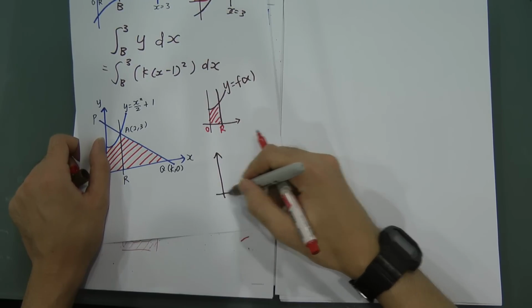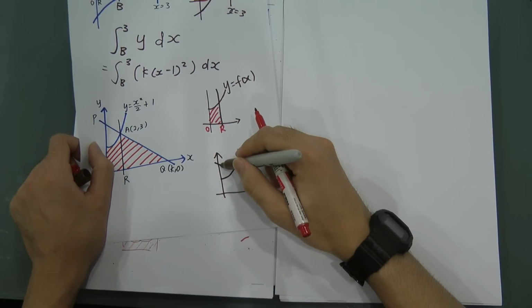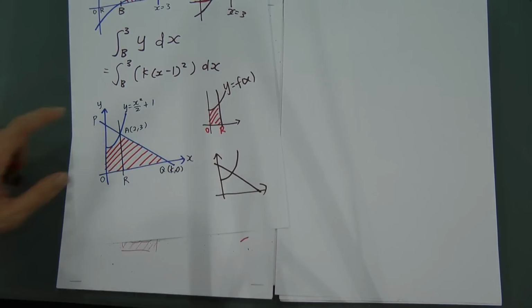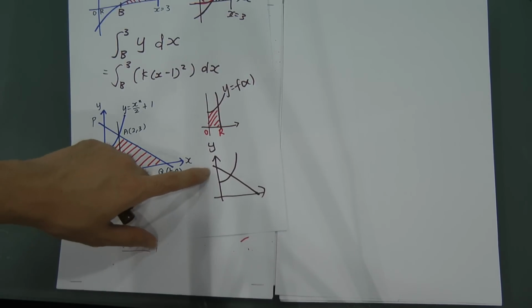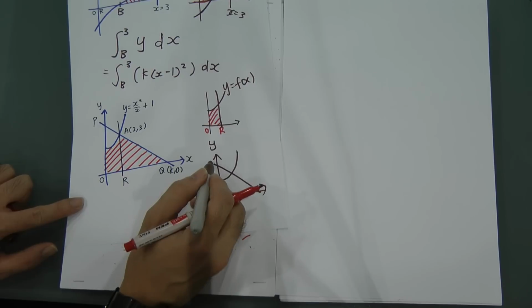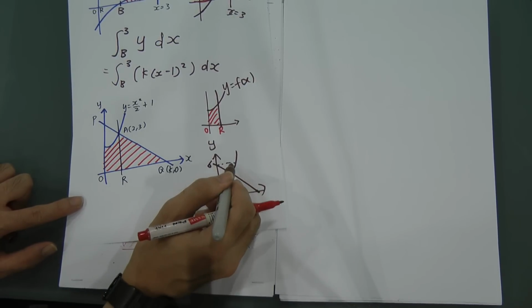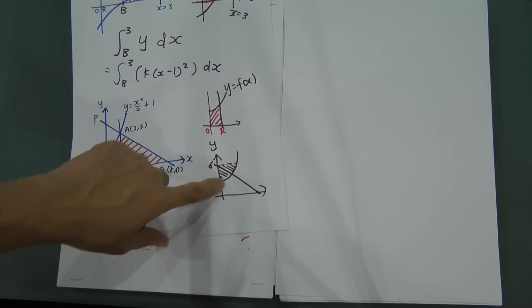Okay, let's say we got something like that, and then this curve is something like that. If you integrate in the y-axis here, you have to determine from this point integrate to where. If let's say you want to integrate from A to B, then you get the area here only.